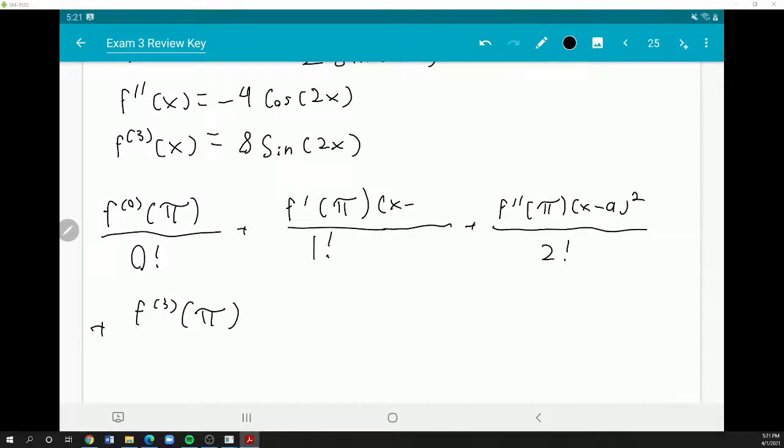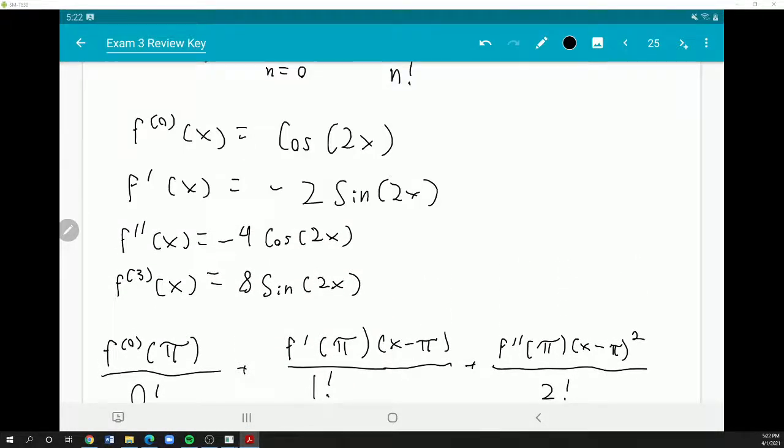And actually I shouldn't write a, I should write pi, because that's what a is. X minus pi cubed over 3 factorial. So let's look at these at pi.